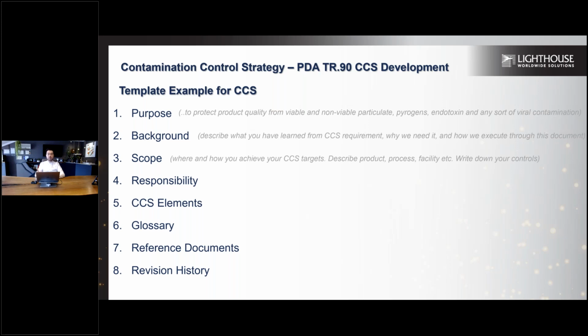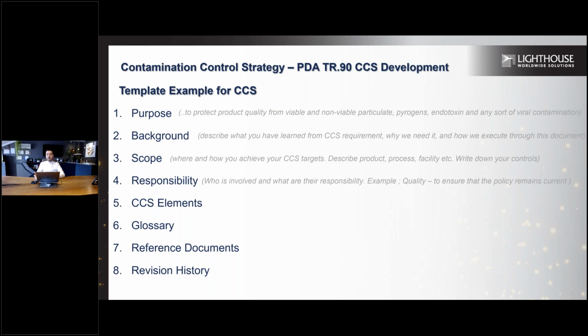All of them have to be mentioned in this scope part, because whatever you describe in the scope, we will come up with as contamination control elements. So we will take them one by one and describe them as contamination control strategy parameters.